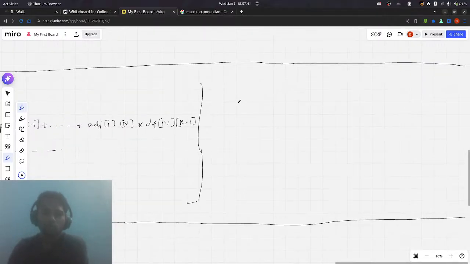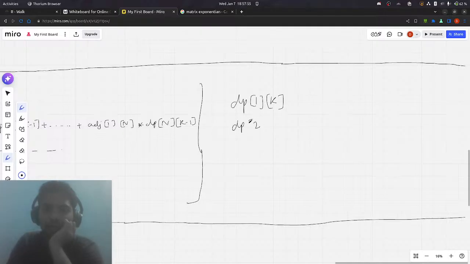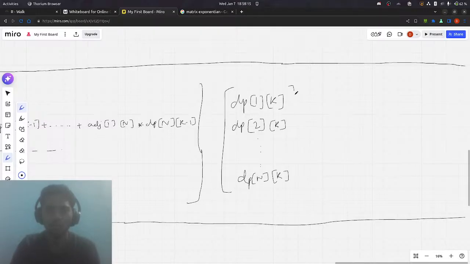Basically we are calculating dp 1 k, we also have dp 2 k, till dp n k.